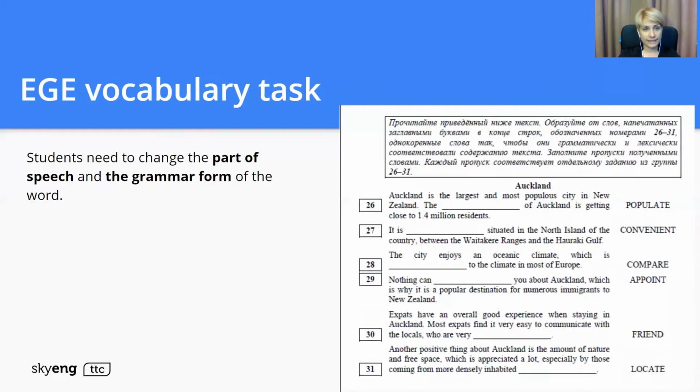If we talk about the EGE task, the previous statement is true about it too, but sometimes they need to change the grammar form of the word too. So, for example, they need to make a noun and to put it in a plural form. So we need to draw their attention to this point too.